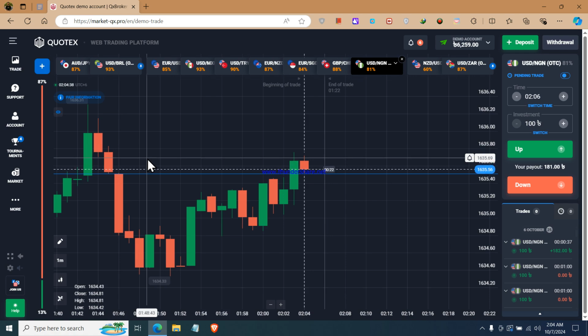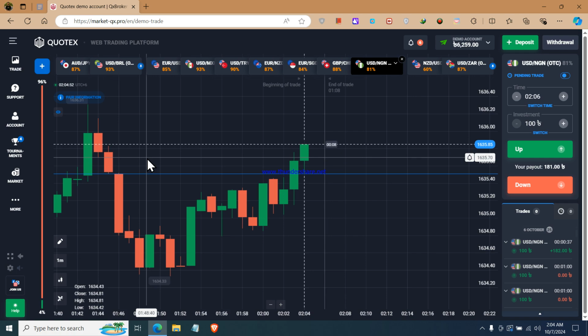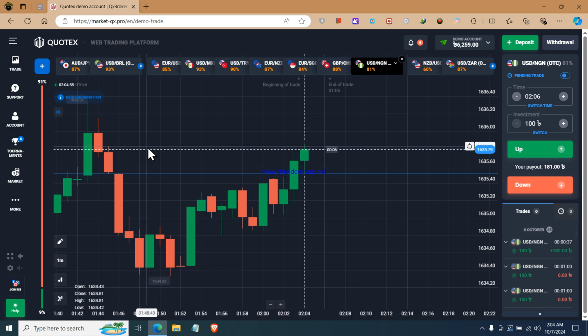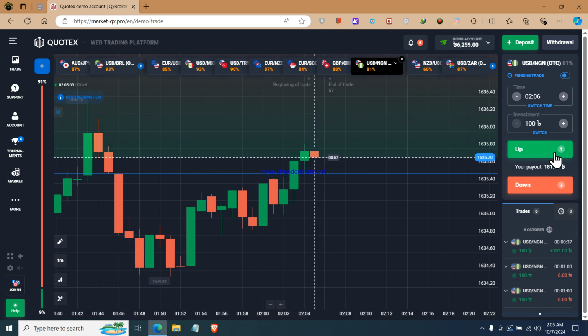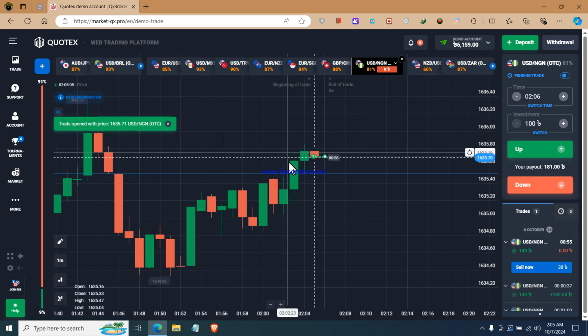If the buyers can break this key level, I'm going to trade for call option, and they're breaking it. Okay, I just placed my trade for call option here.